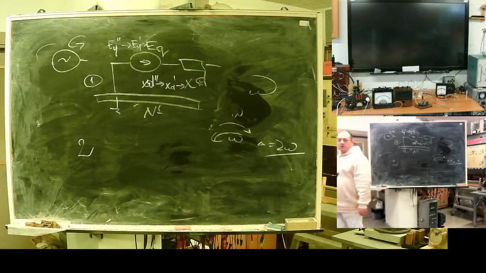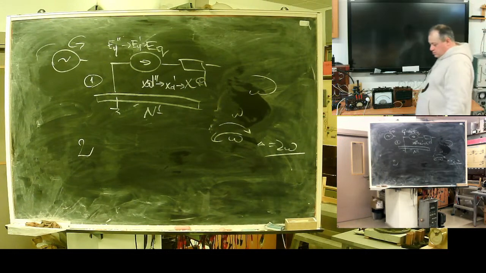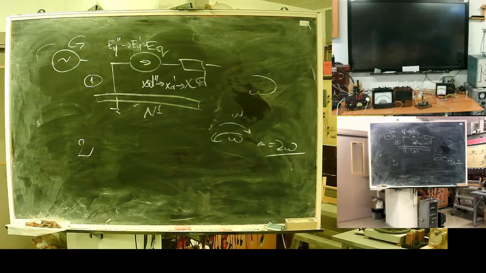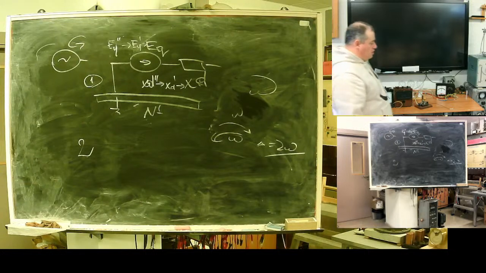This is a double slip, meaning that in all closed contours in the rotor current will be induced.